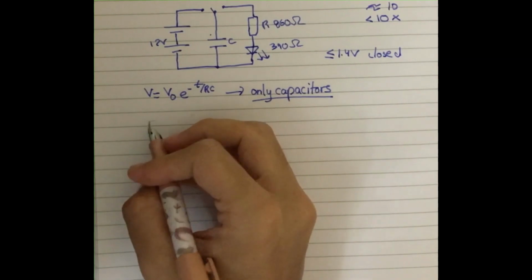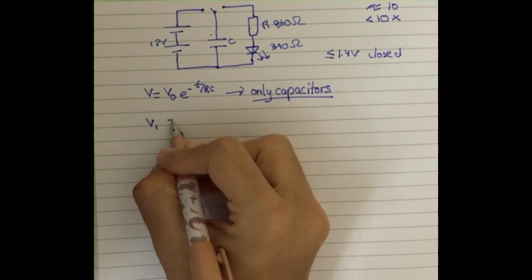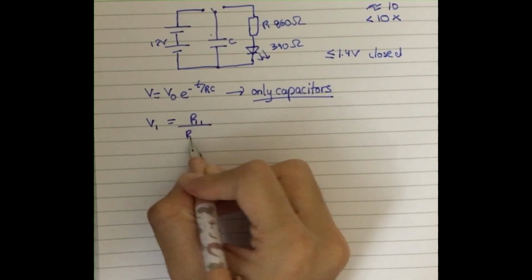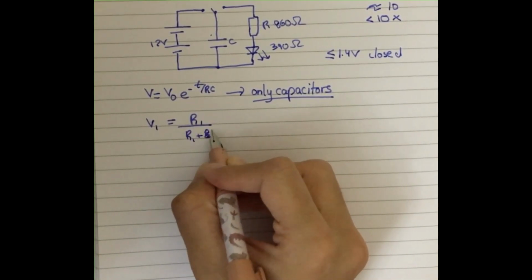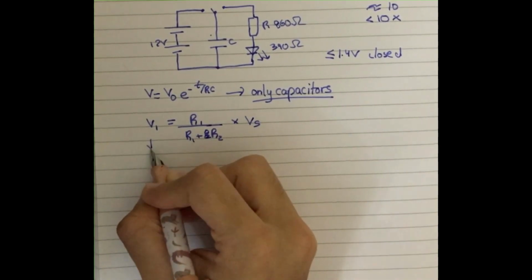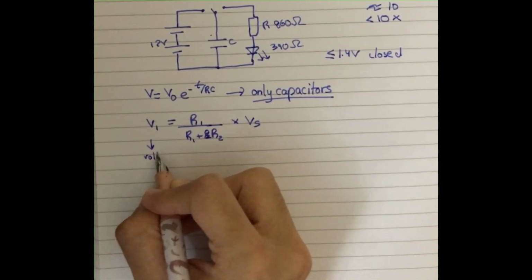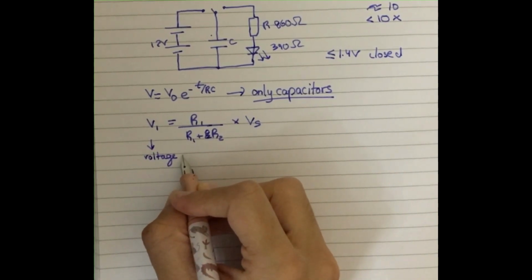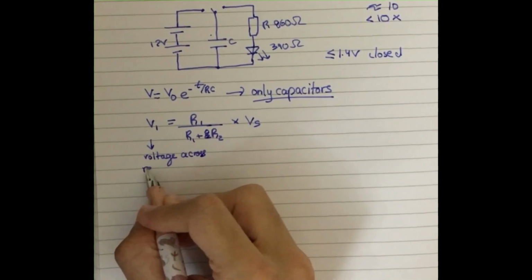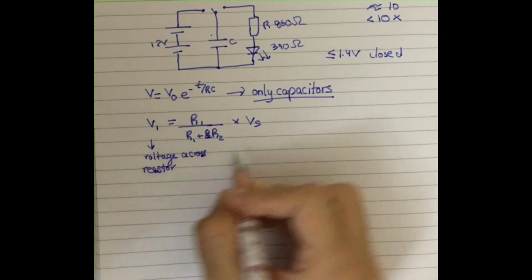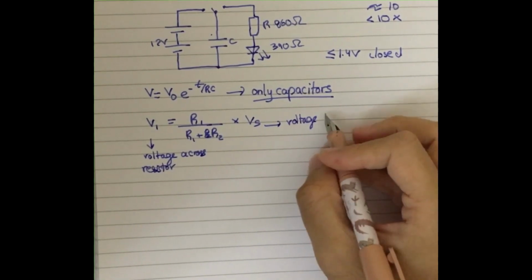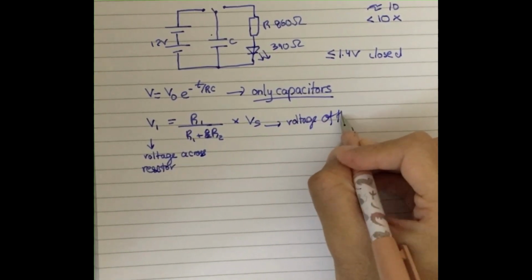So the potential divider formula is V1 equals R1 by R1 plus R2 times Vs. So V1 is the voltage across the resistor, and Vs is the voltage of the power supply, the source.